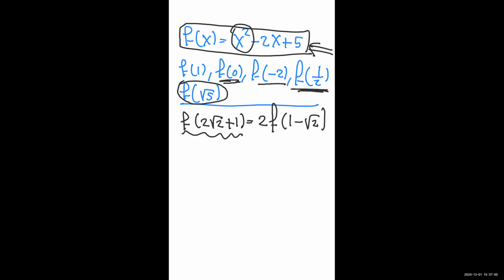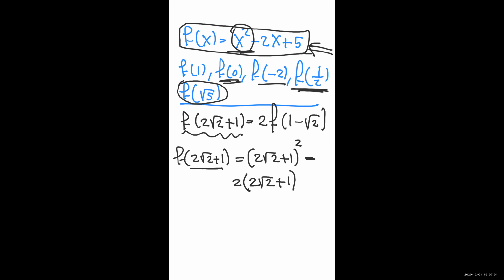So f of 2 square root of 2 plus 1 will equal, now x will equal this value. Where is the function here? x squared. So it will equal 2 square root of 2 plus 1 squared, minus 2x. So minus 2 times x, which is 2 square root of 2 plus 1. Then plus 5.